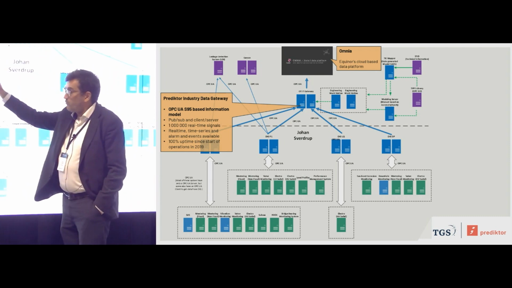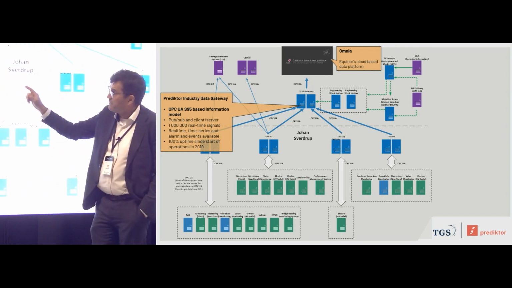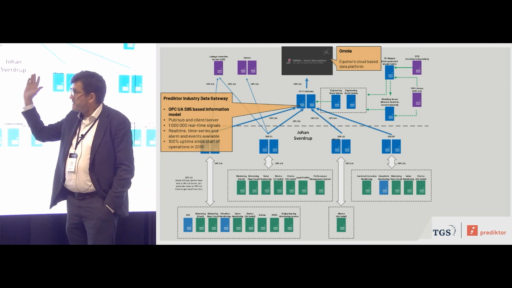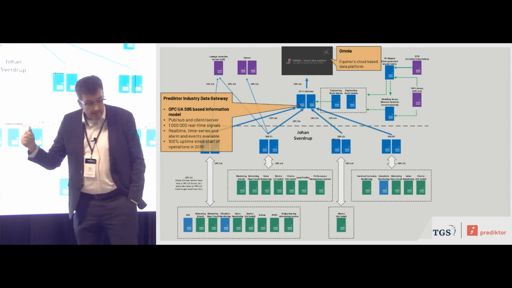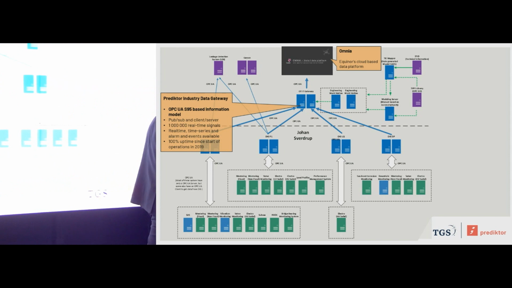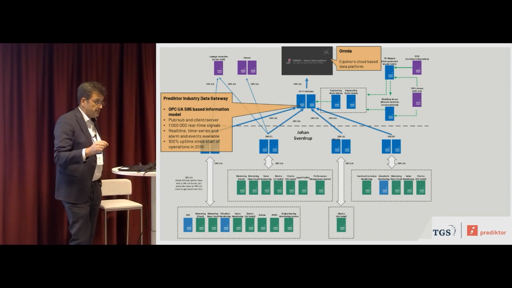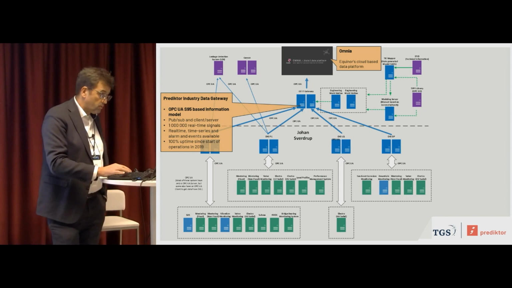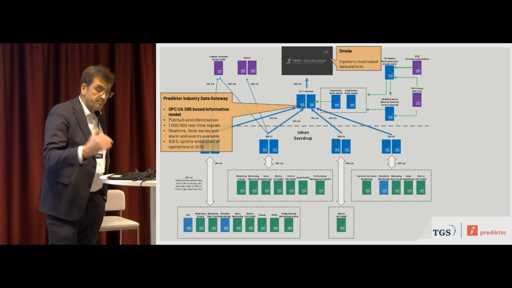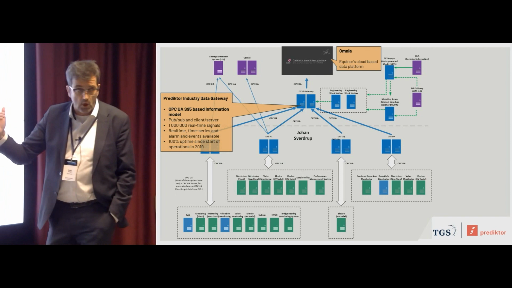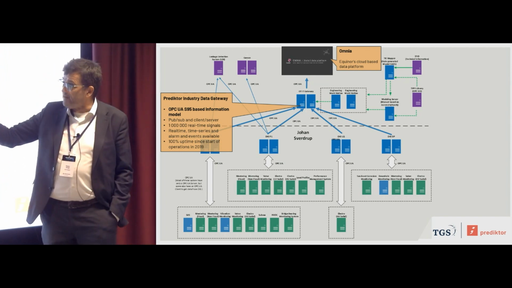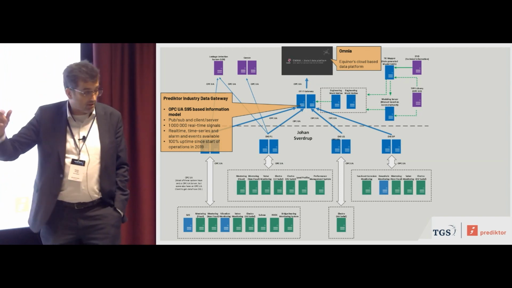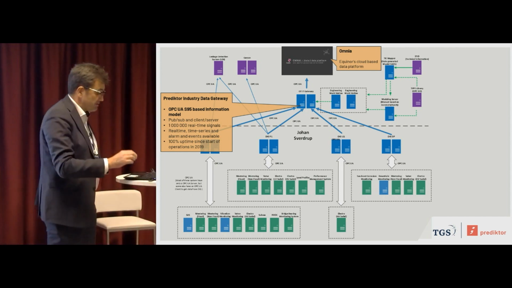It has more than 1 million real-time signals now. Again, real-time time series, alarms and events. And this has 100% uptime since start in 2019. And this is important, of course, because things like calculations of revenue, things they need to bill to the various clients when they export is going through this system.